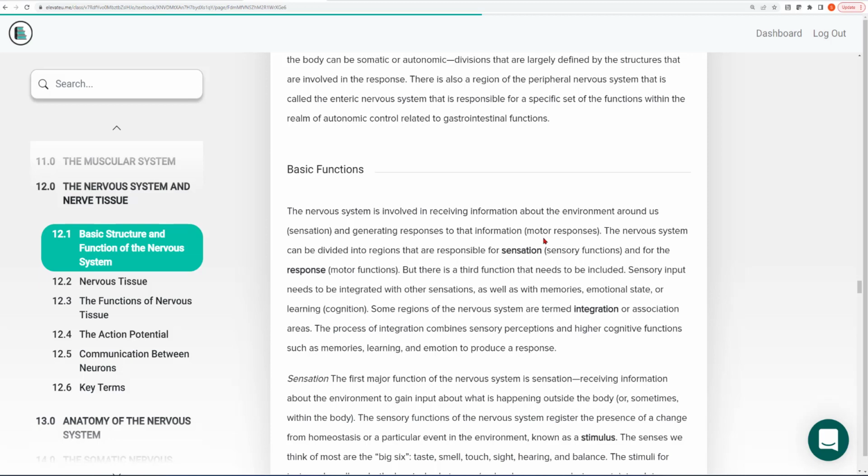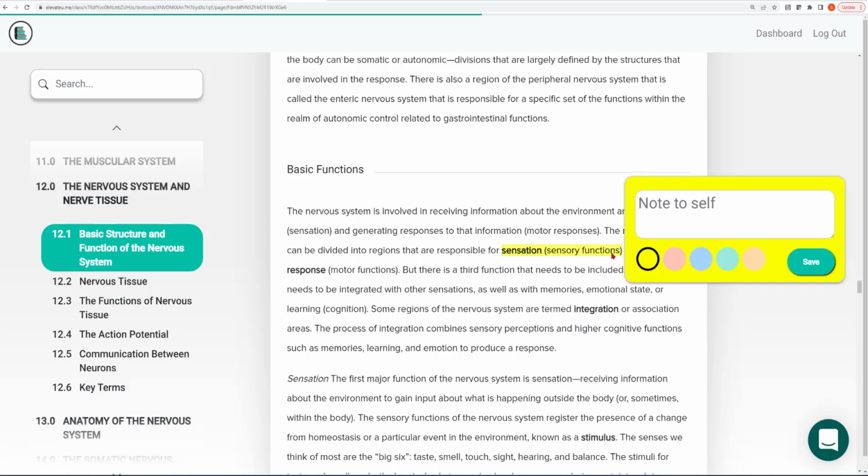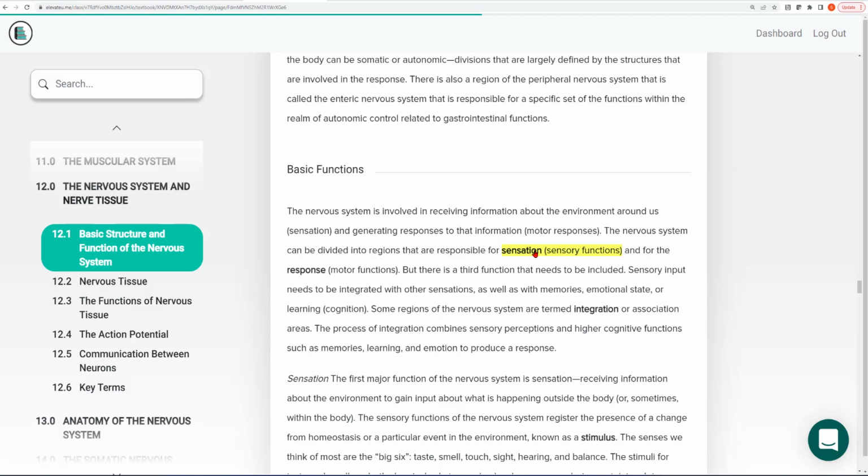What we're referring to here is that your nervous system is receiving sensory information. Your nervous system is responsible for perceiving your senses. So we have this portion of the nervous system that is receiving information. This is the sensory or the sensation portion of the nervous system. And then once the nervous system receives this sensation, it is then going to integrate that information, right? It's going to bring that information up into the spinal cord or up into the brain.